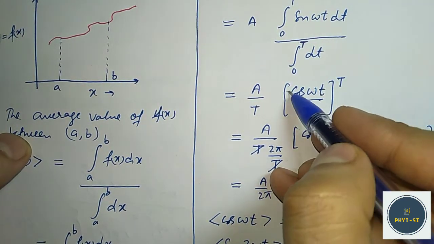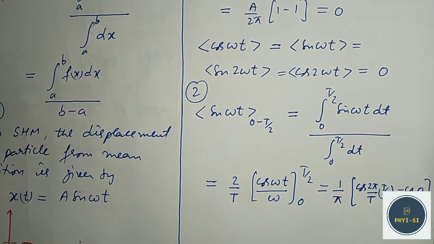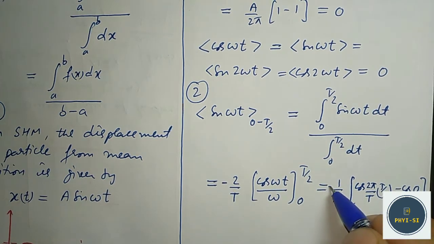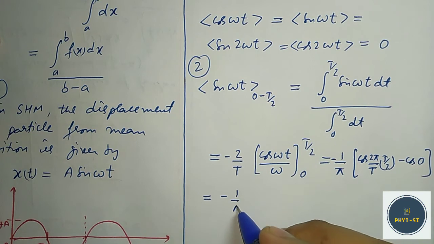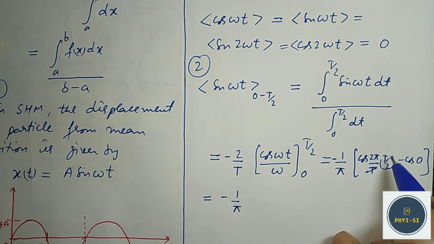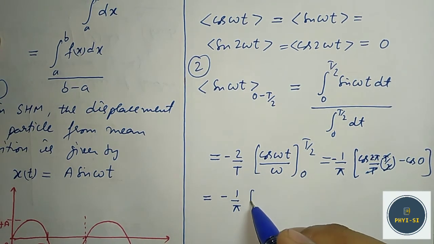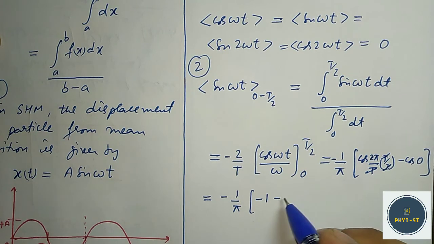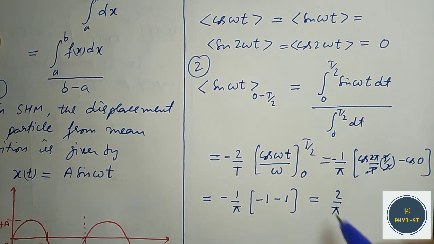The integration sign is minus cos, so let's put a negative sign here. So it will become minus 1 by pi, and we know that cos pi is minus 1, cos 0 is 1, so we have the answer 2 by pi.